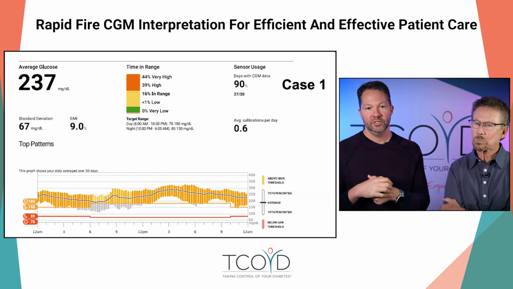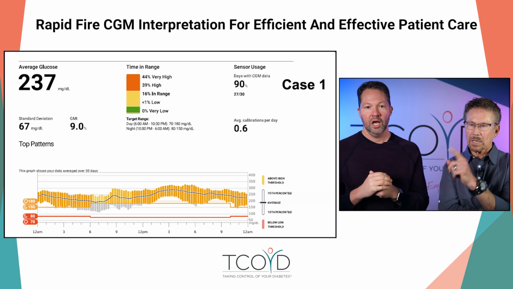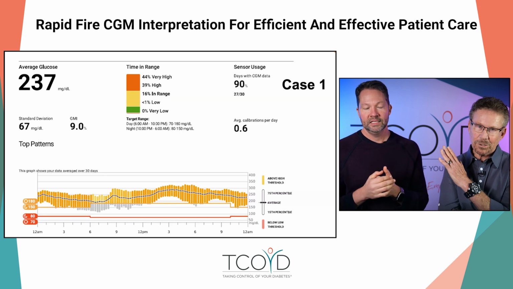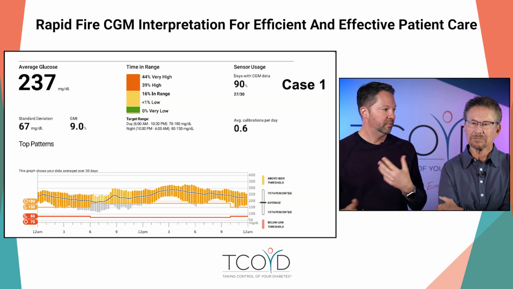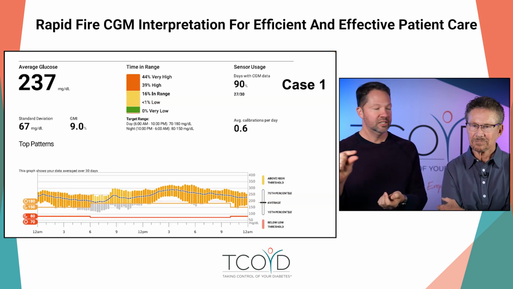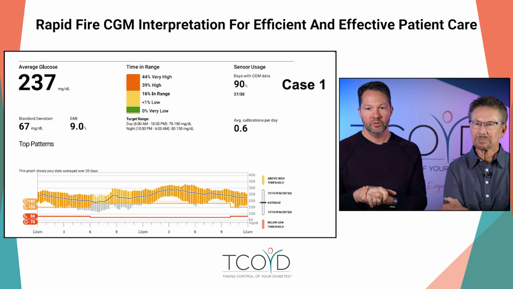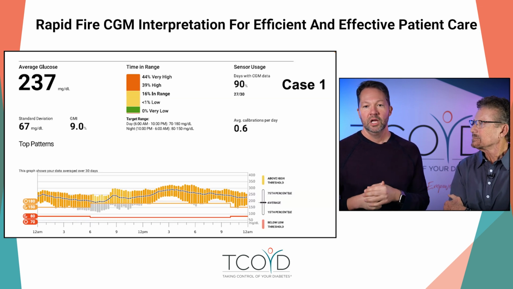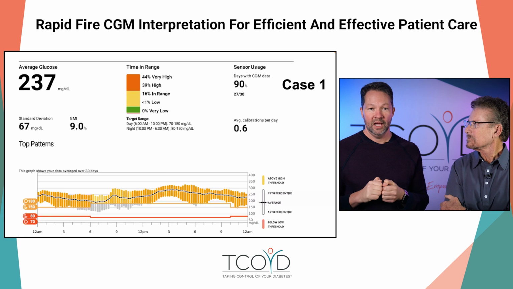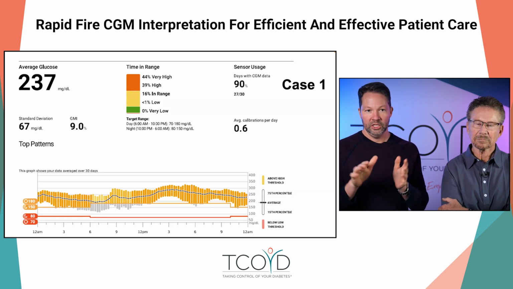The other is that I don't know if they're type 1 or type 2. Type 1. Okay, type 1. Give them a little clue. This is likely somebody who's on shots, because if somebody's on a pump, the hybrid closed loop system would at some point likely be bringing this person into range. So that's something maybe to talk to this patient about. If they are on MDI, then it becomes, where are the issues?